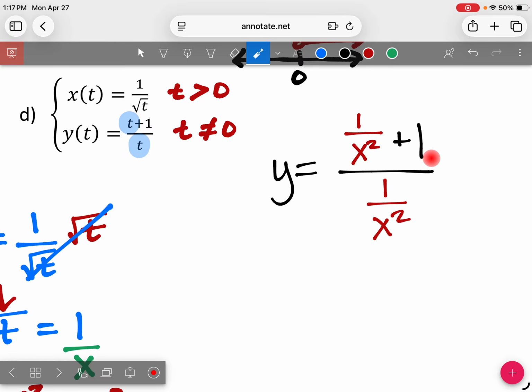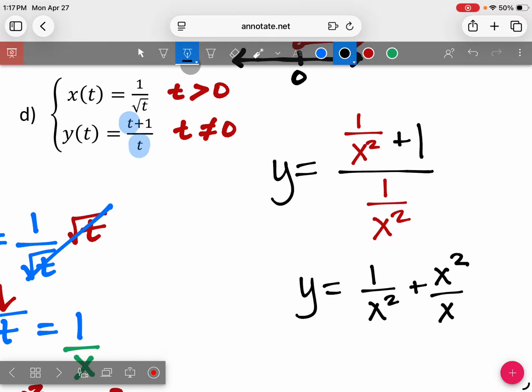Would you agree that x squared divided by x squared is 1? You divide two things that are the same is 1. That includes variables. So I'm just going to rewrite that as x squared over x squared. So I have y equals 1 over x squared plus x squared over x squared.